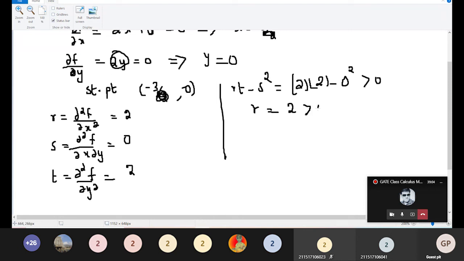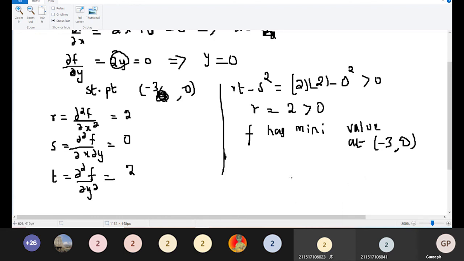So if these two conditions are satisfied, f has minimum value at the stationary point at -3, 0.